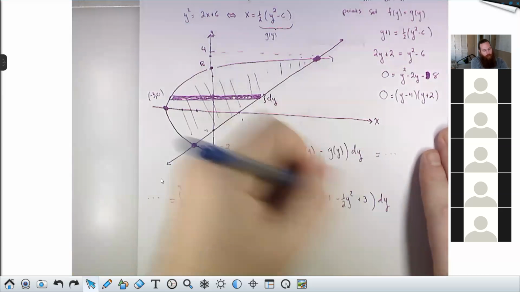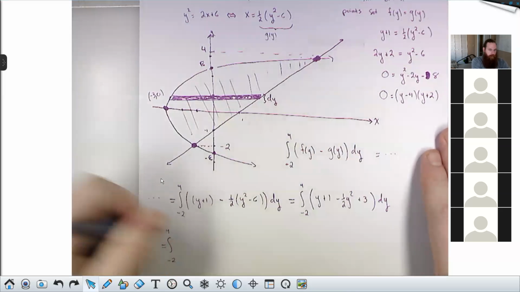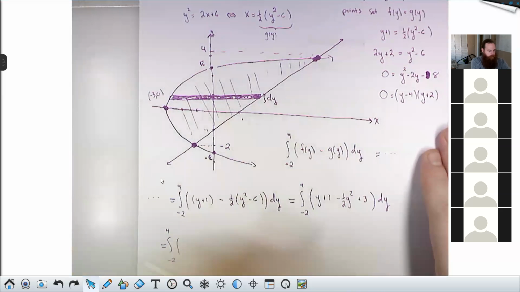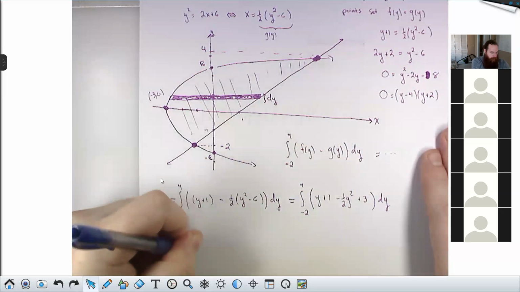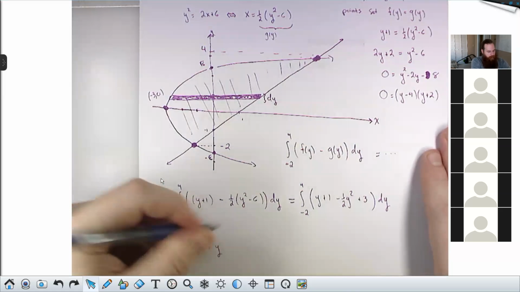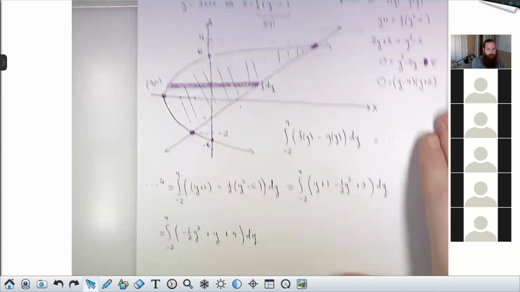And then I can combine the 1 and the 3. And I get the integral from -2 to 4. I'll write that in standard order. So that's -1/2 y squared plus y plus 4 dy.